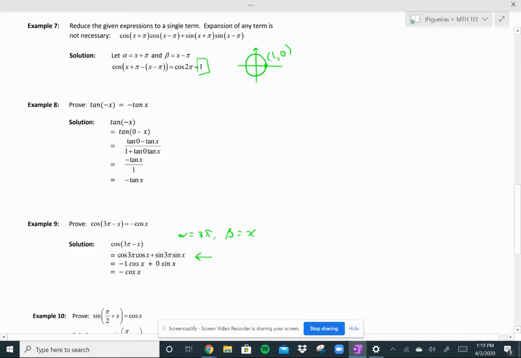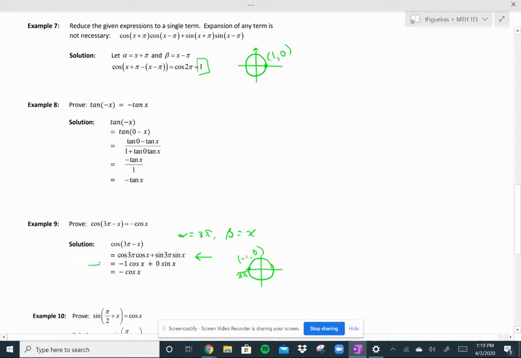Well, cosine of 3 pi is negative 1. Again, if I go back to my unit circle, 3 pi is right here. This is 3 pi units around. And the coordinates of the point there are negative 1 comma 0. Remember, the cosine value is the x value, so it's negative 1.